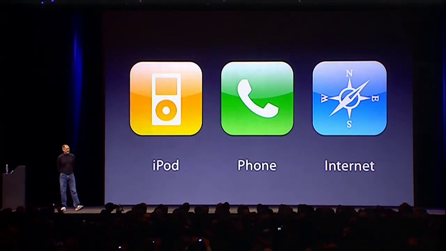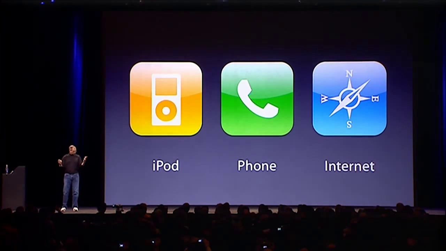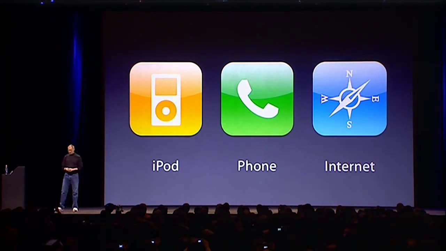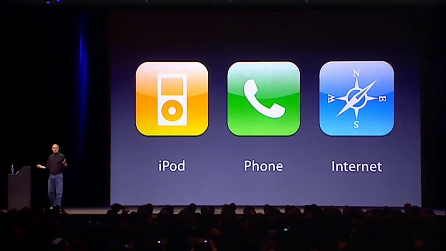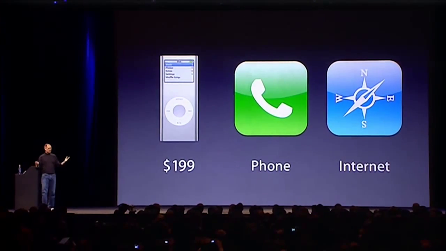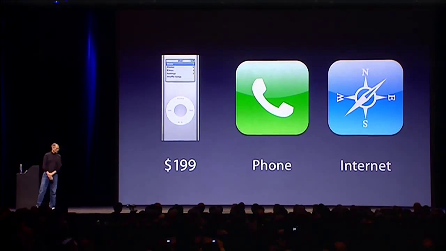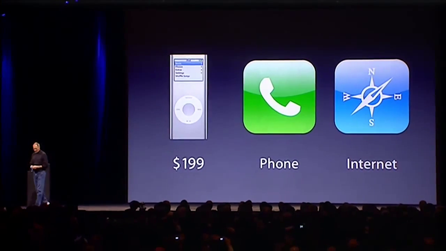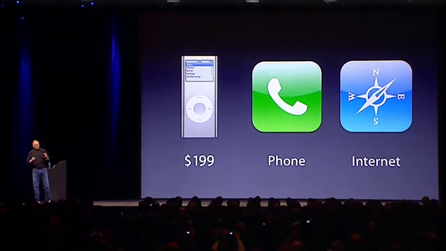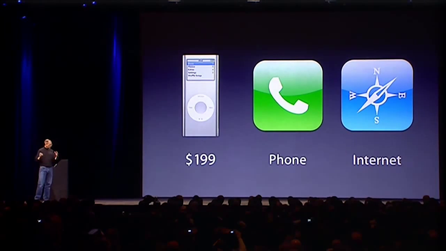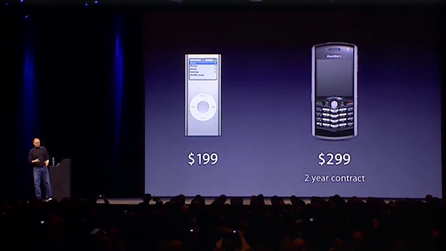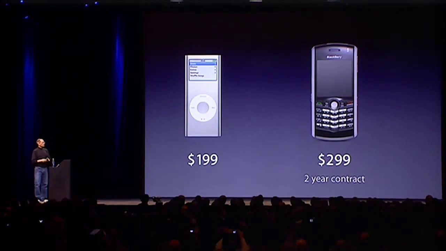So what should we price it at? Well, what do these things normally cost? An iPod, the most popular iPod, $199 for 4 gig nano. What's a smartphone cost? Well, they say you get the phone and some of the internet with it, although that's questionable. But they cost somewhere around $299.